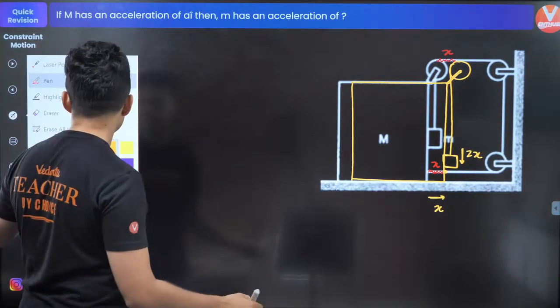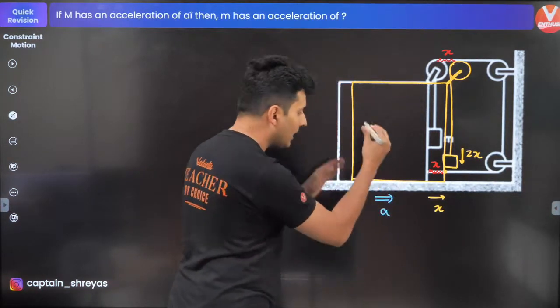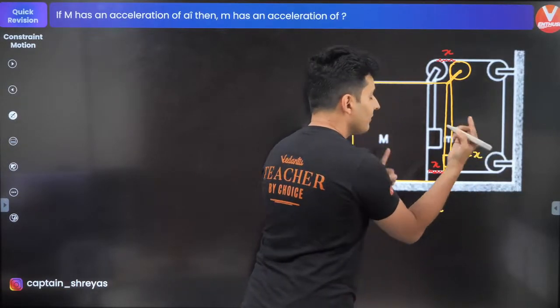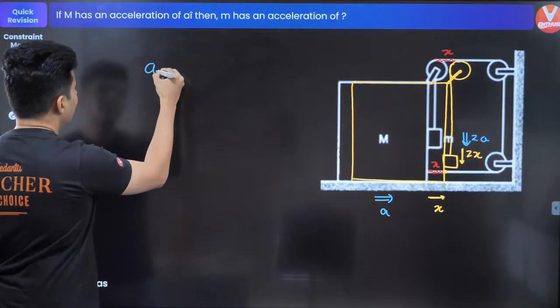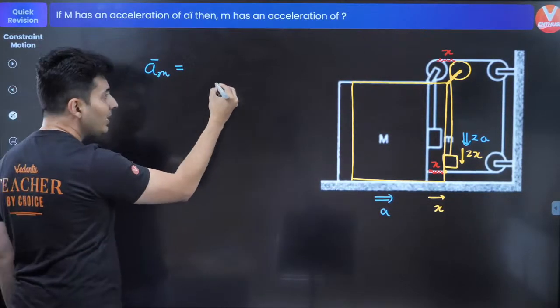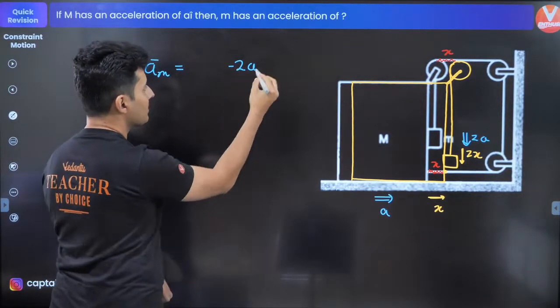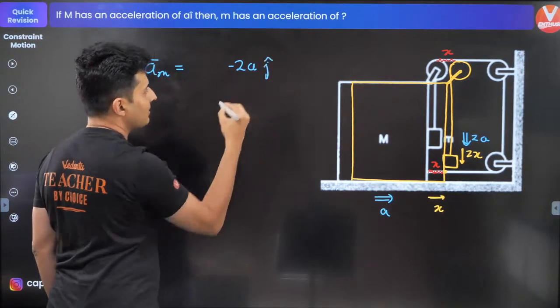That means if M goes with acceleration a like that, then small m will come down with how much acceleration? 2a. So the acceleration of m will be 2a but downwards, so minus, and if that is j, this is minus j cap.